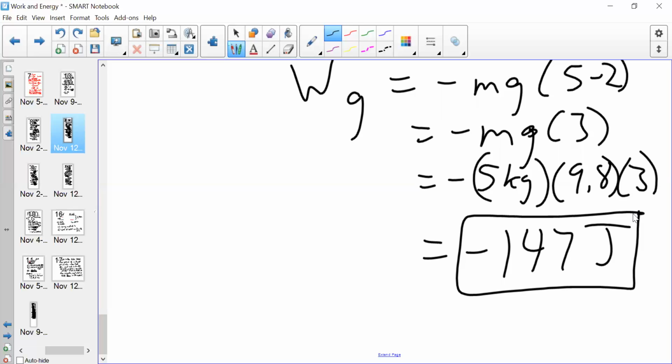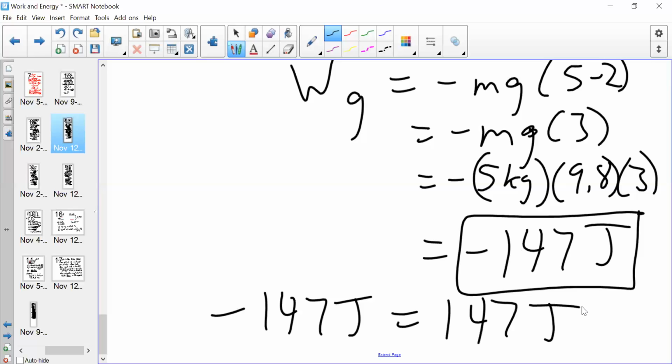Nothing changes, just the form. And this will be the change in kinetic energy: 147 joules gained in kinetic, which is exactly equal to the negative 147 joules of potential loss. No change in the work. Gravity is a conservative force.